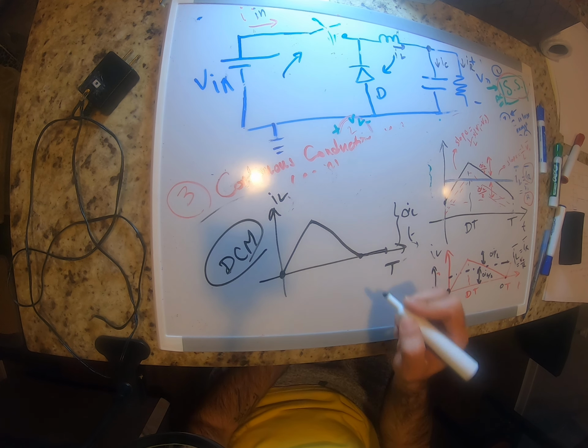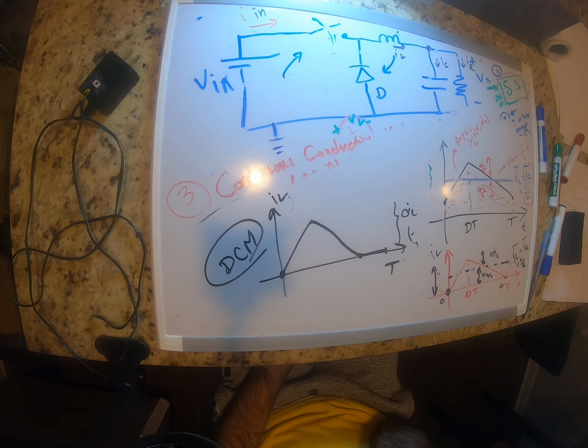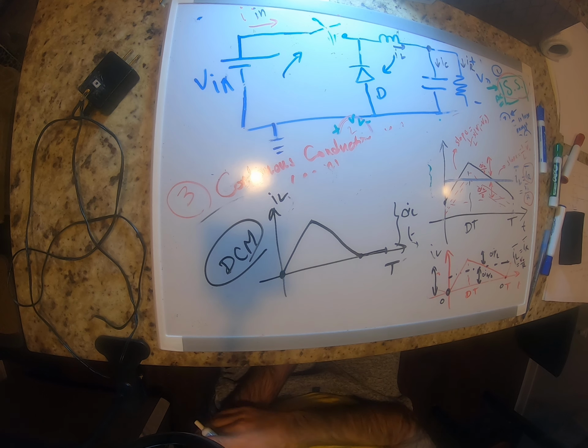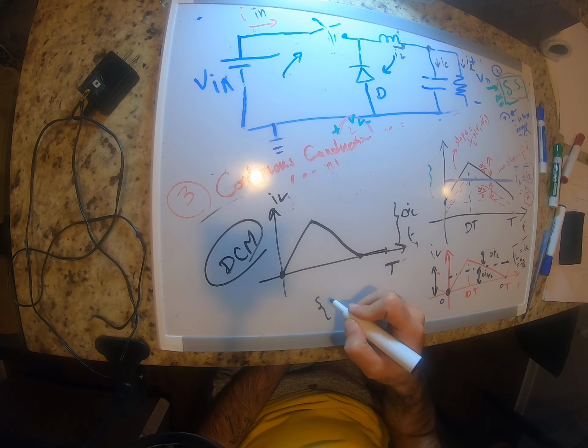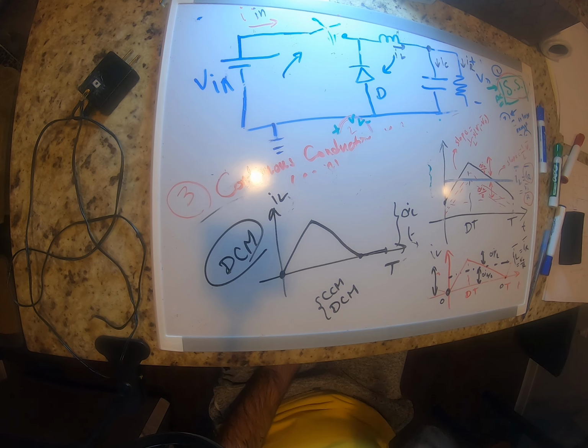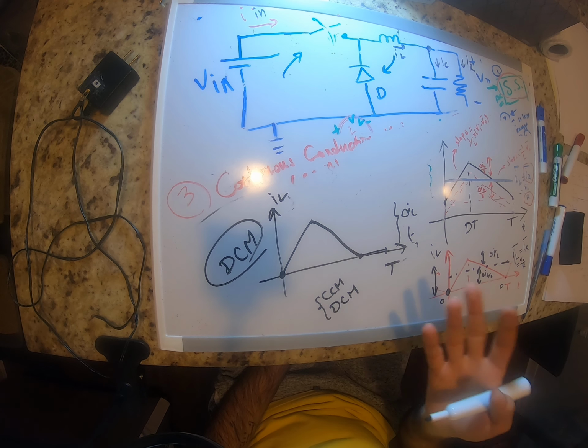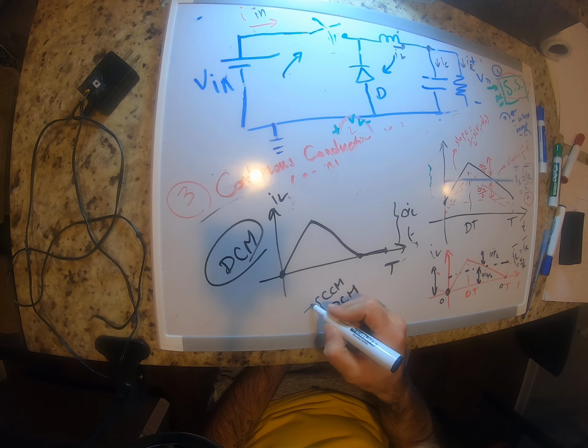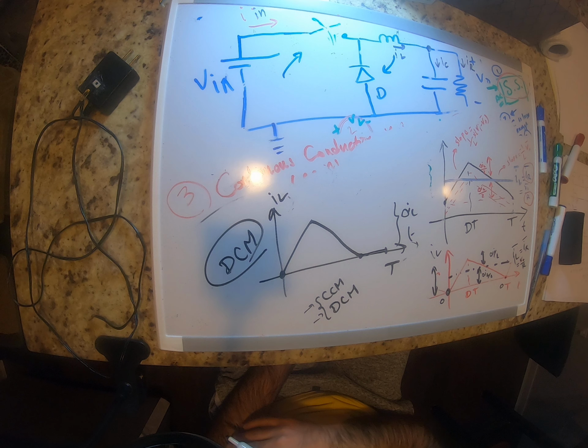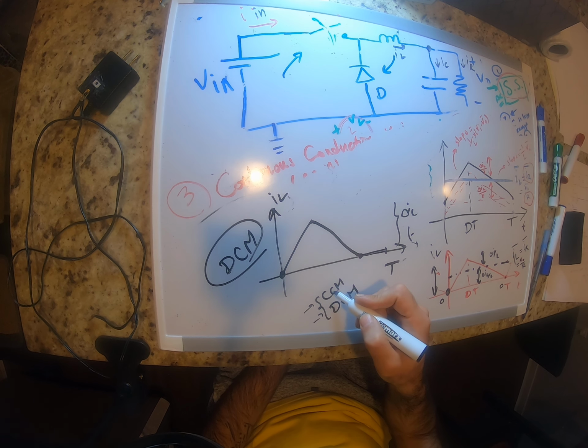discontinuous conduction mode. CCM and DCM are two modes in which you can operate your buck converter, boost converter, or buck-boost converter. It's not that DCM is bad or CCM is bad.